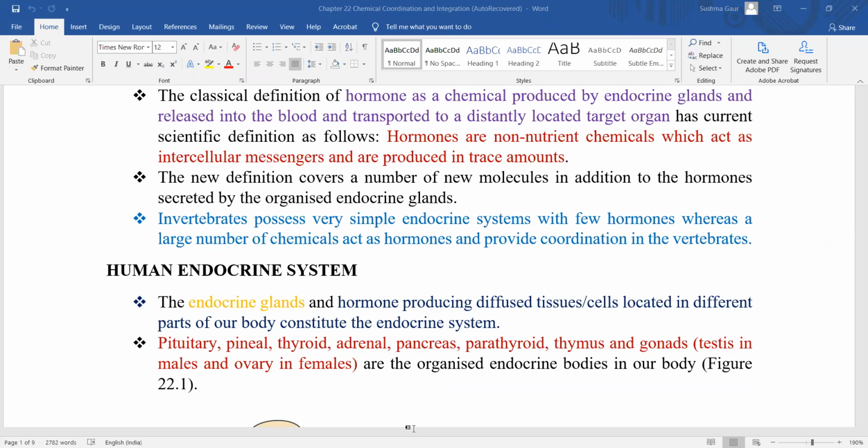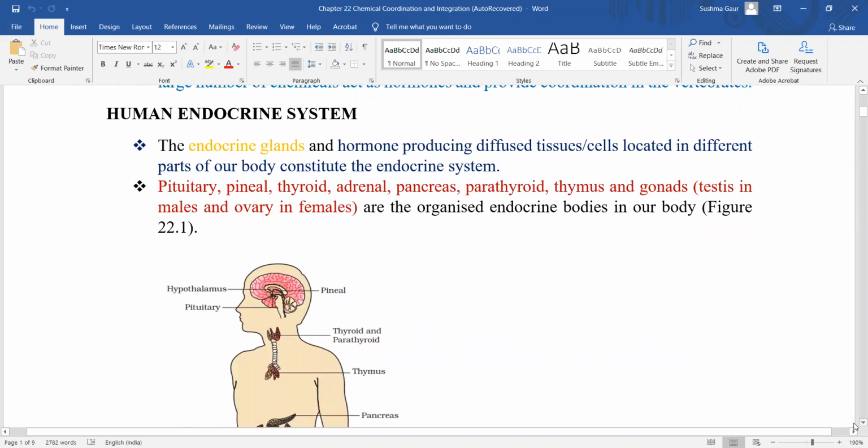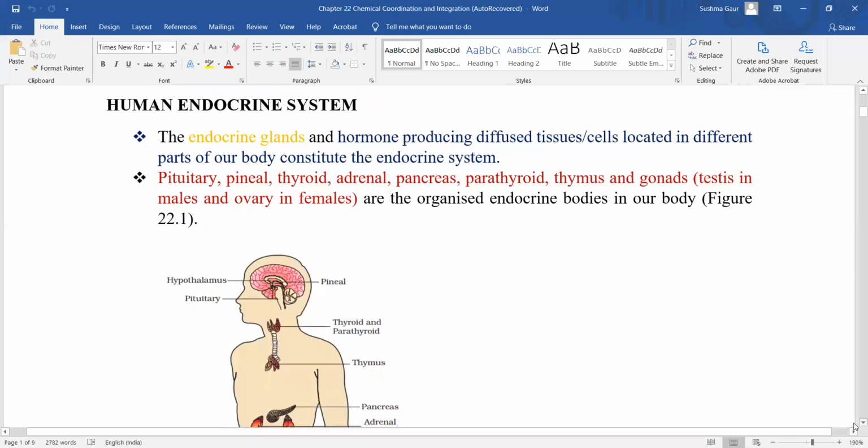Today we have started chapter 22nd. Now, human endocrine system. Endocrine glands produce a lot of hormones that diffuse directly into the tissues or cells located in different parts of our body, and all the endocrine glands together make the endocrine system.